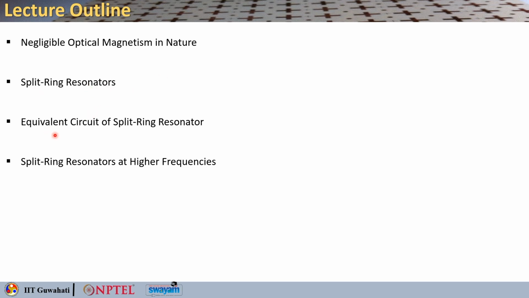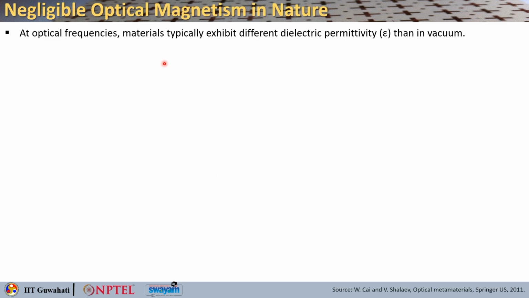And then we will see the equivalent circuit of a split-ring resonator and how split-ring resonators can be designed at higher frequencies. So, let us discuss negligible optical magnetism in nature.